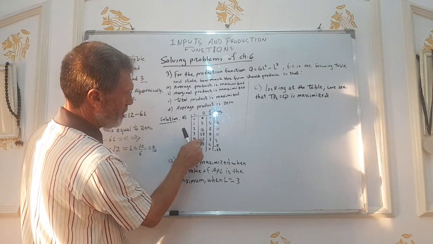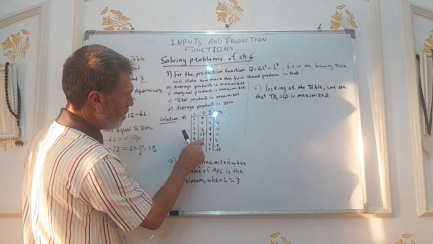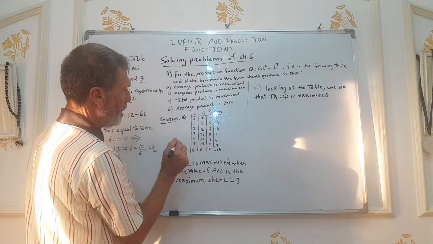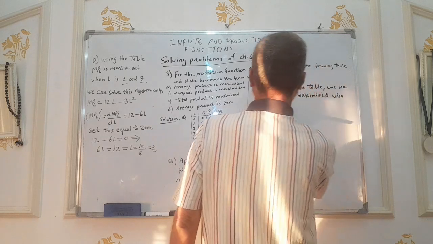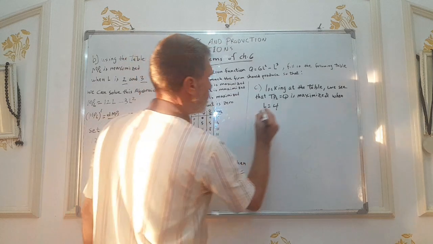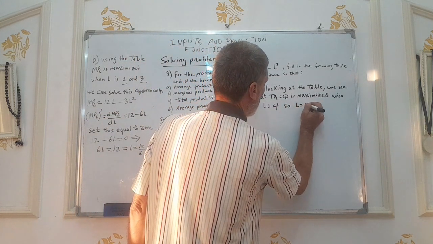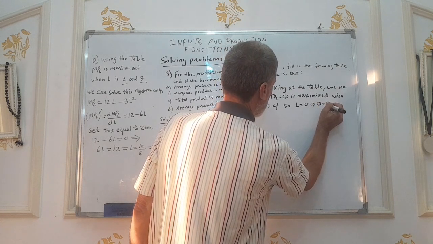When L equals 4, we get 32, which is the maximum value of Q. So L equals 4 implies Q equals 32.